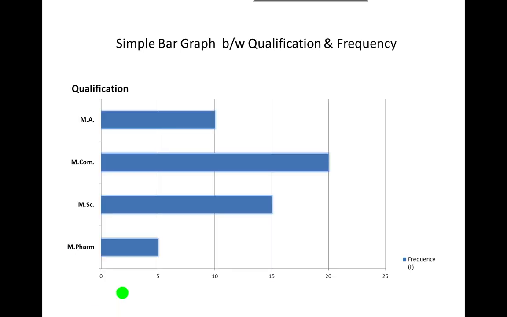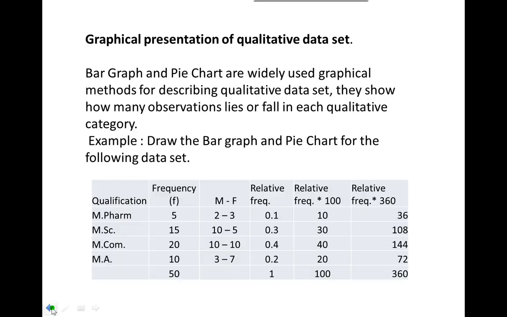Now from this slide you can observe, suppose this is the y-axis, the highest frequency in this data is 20.